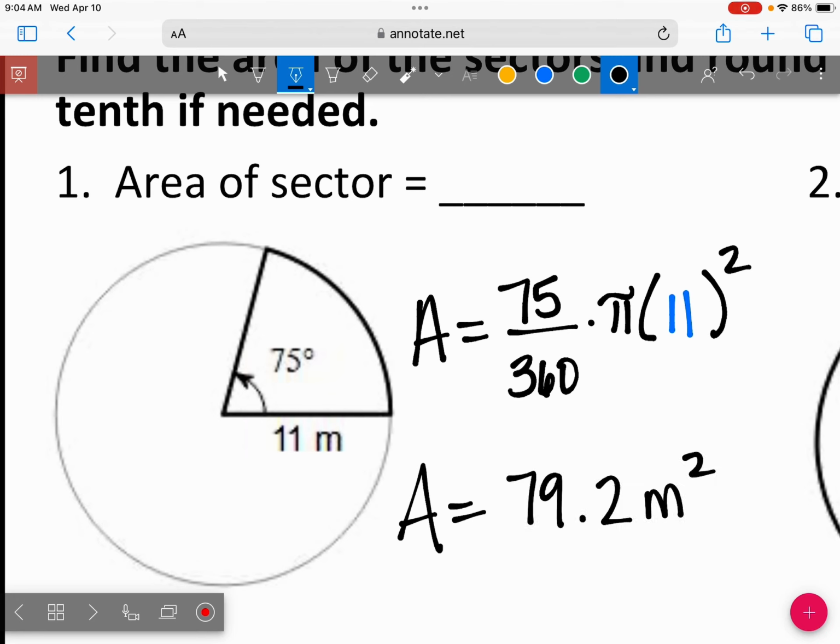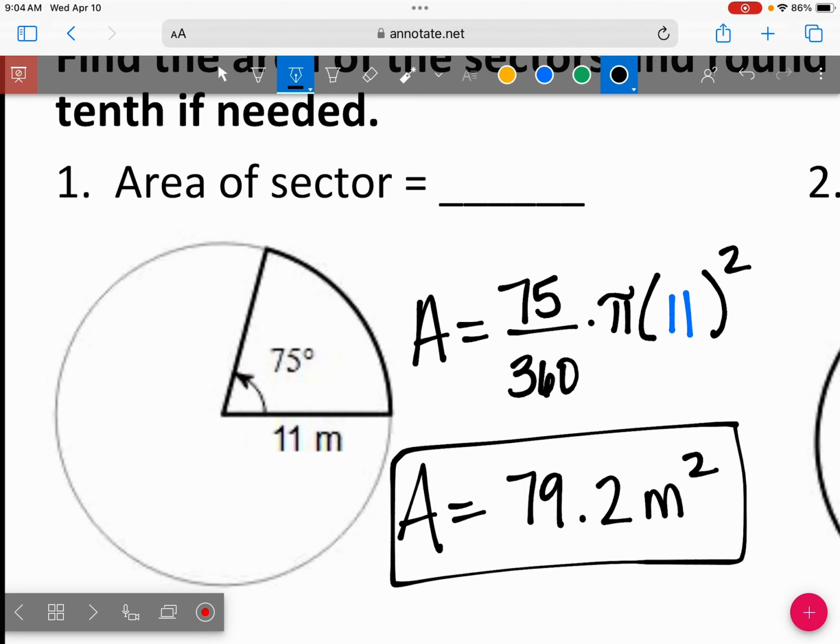Raise your hand if you got this answer. Something close to that, 79.1 or 79.2. Okay, so that's the area. Let me go ahead and write it up here.